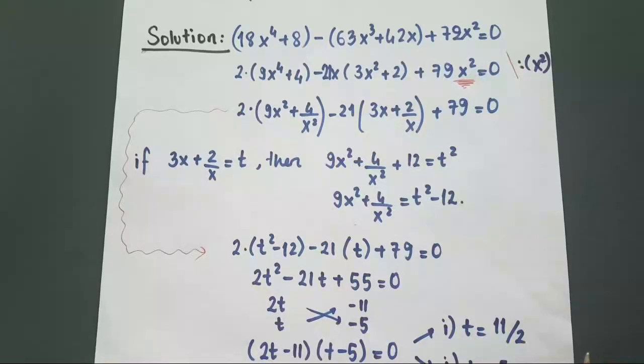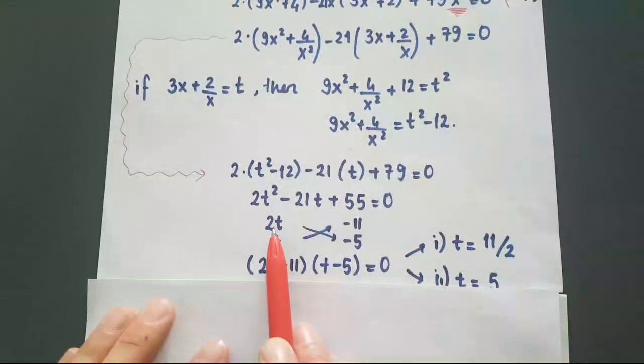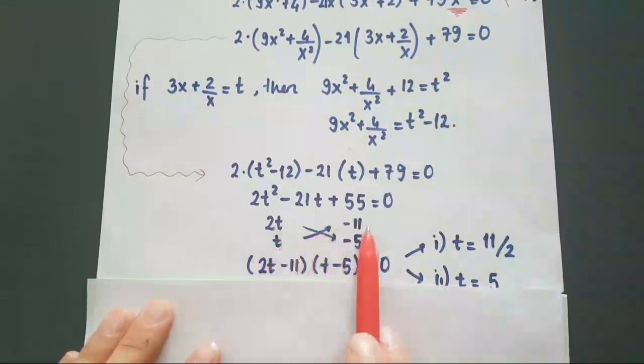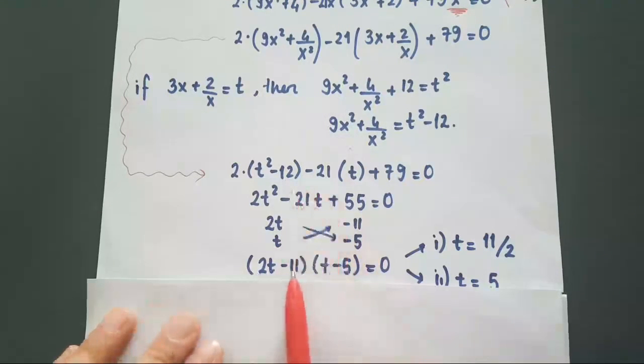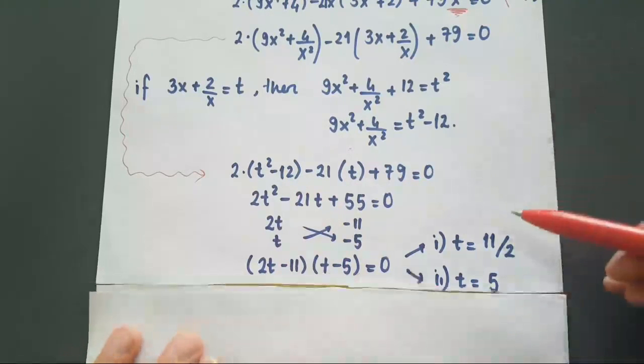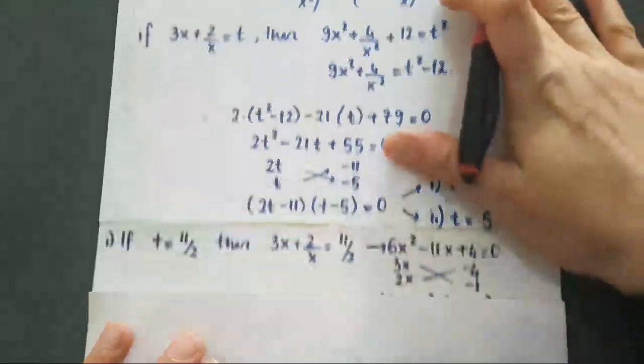If you want, you can use the quadratic formula to solve the problem. When you factorize it, it will be (2t minus 11) times (t minus 5), which gives you negative 21t. So (2t minus 11)(t minus 5) is equal to 0, which means that t is 11 over 2 or t is 5.